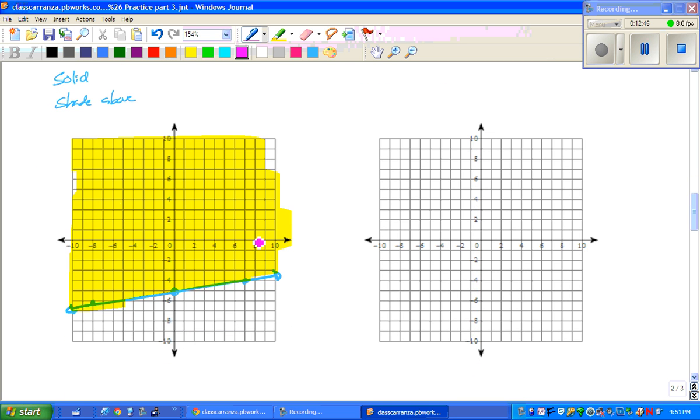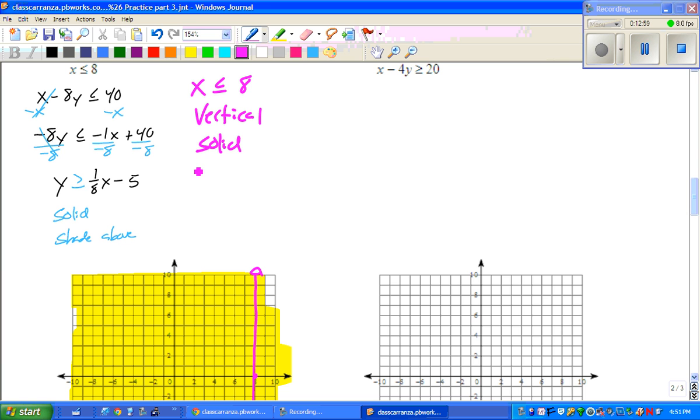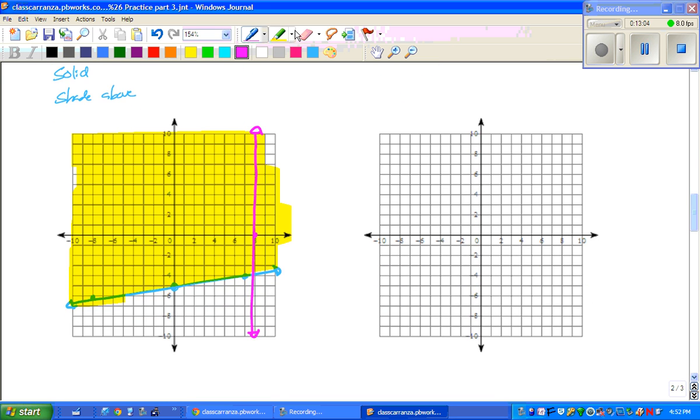So at 8, there's 8. I'm going to draw my solid vertical line. I'm either going to shade to the right or to the left. Okay, and so since this is less than, we shade to the left. That's the only one where it's different. And watch what happens when I start shading.